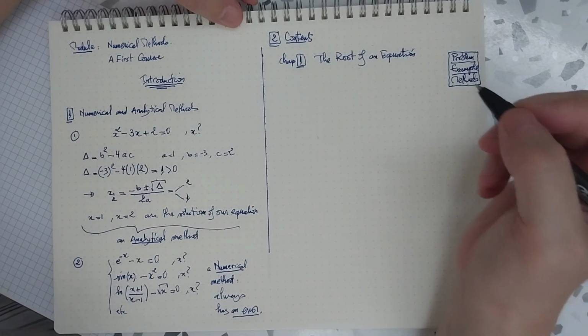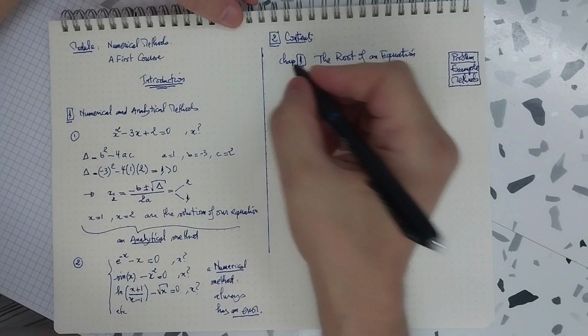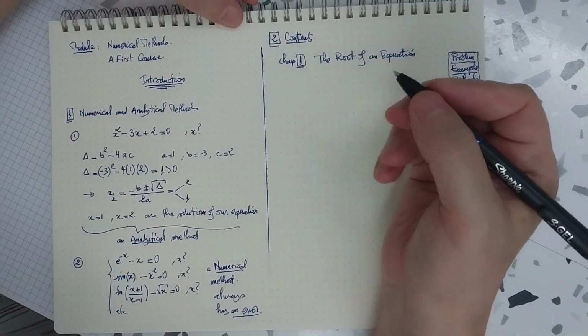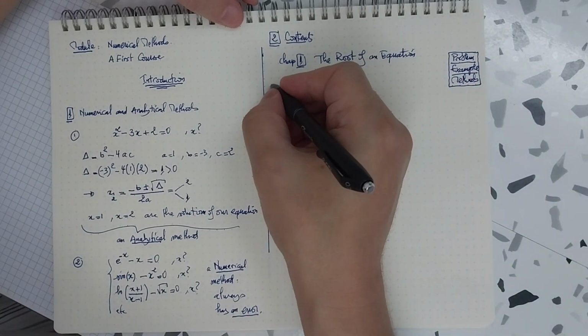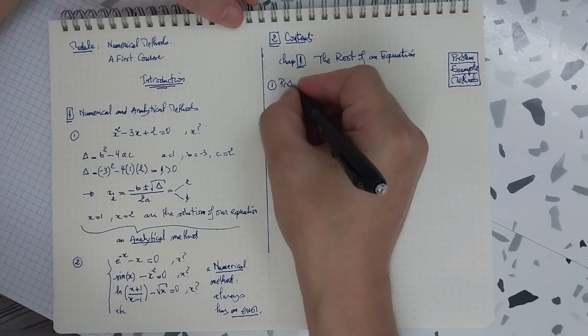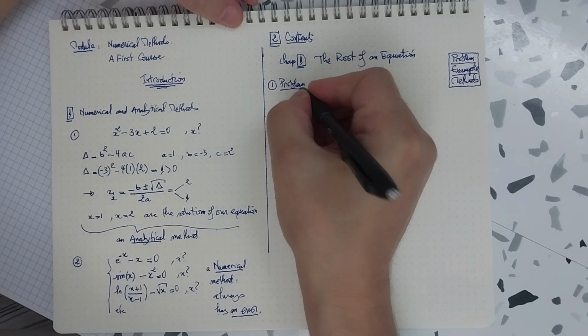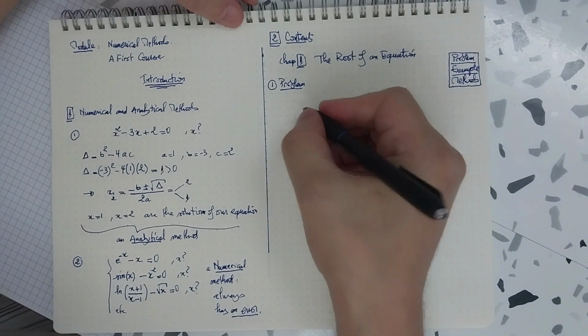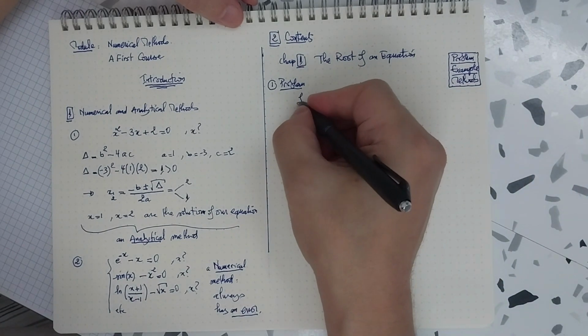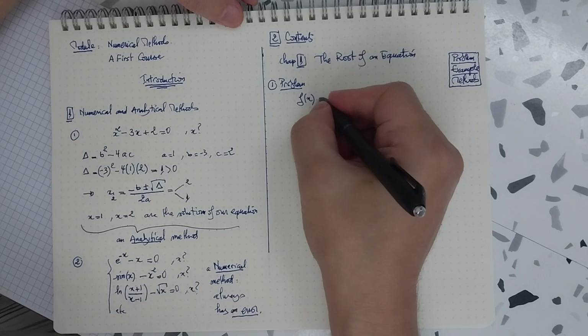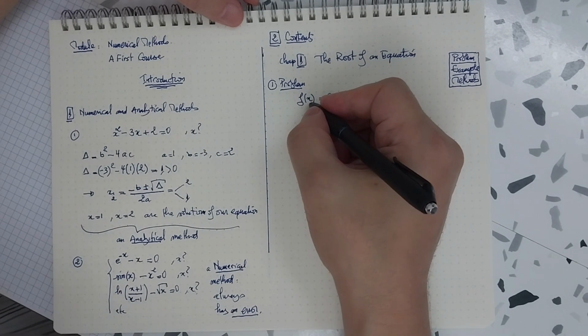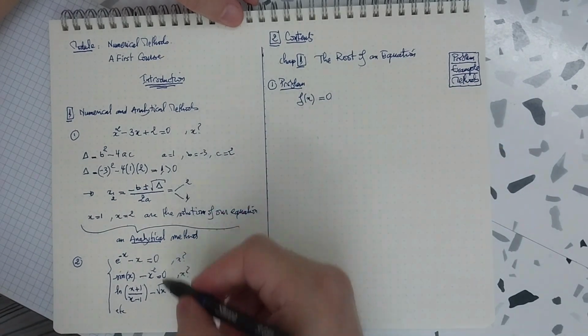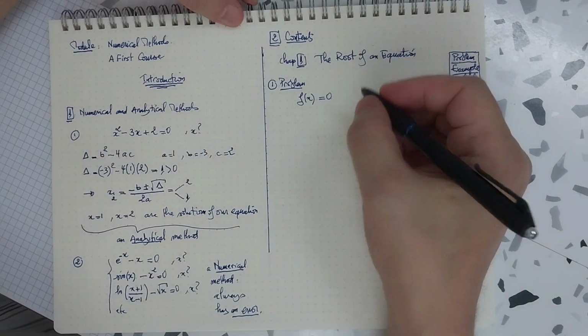So, first of all, the problem. Before solving the problem, you must know the problem. The problem is to solve f(x) equals 0. f is a function of x, any function of any complexity like this one.